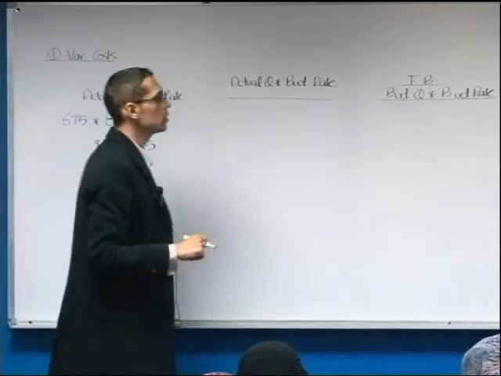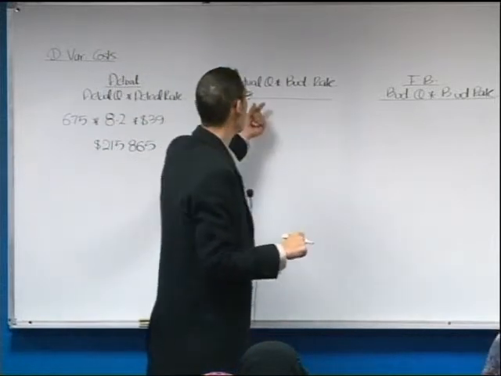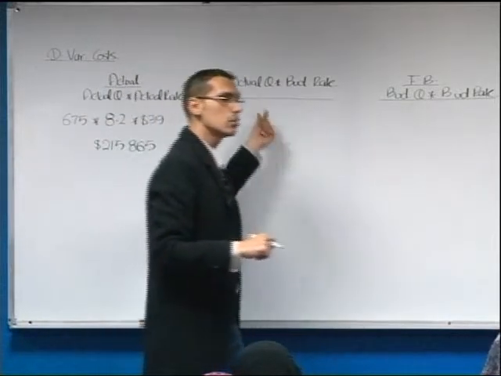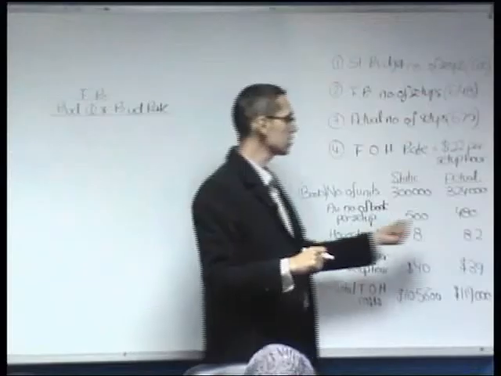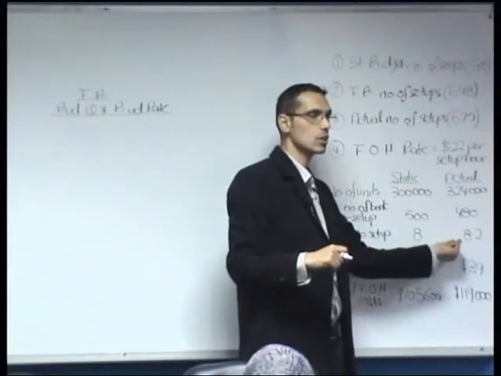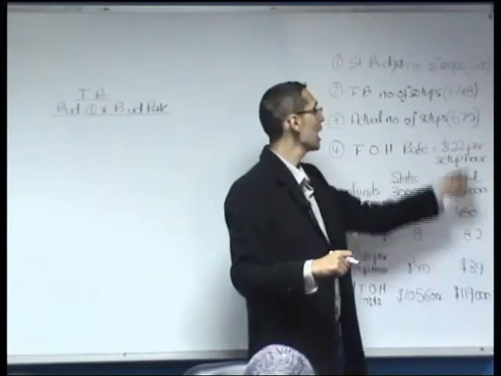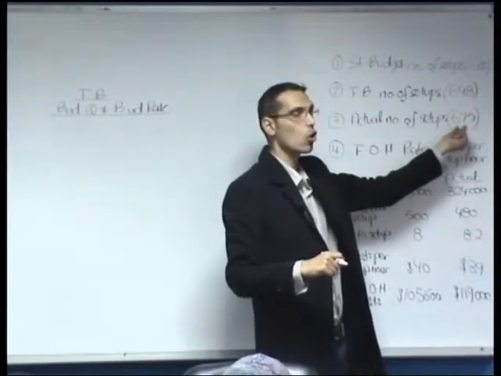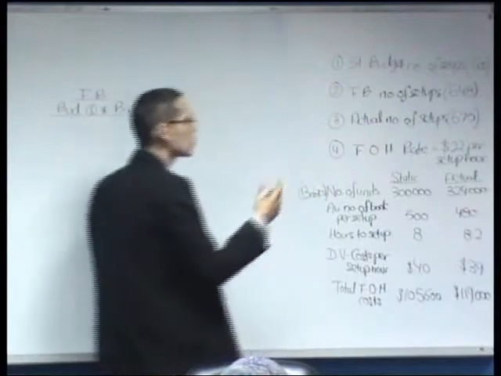This is the actual amount. Of course, now the actual quantity is known because we have 8.2 actual hours to set up, and we have 675 actual number of setups.